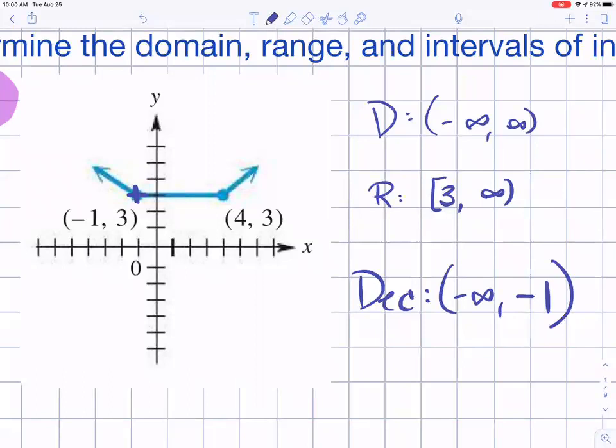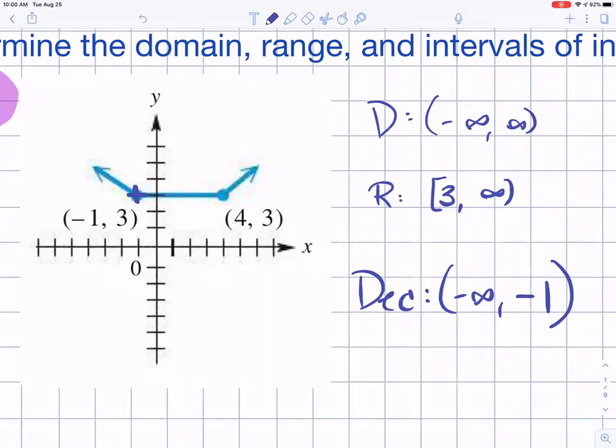Here's the second way to explain it. When you're doing increasing, decreasing, and constant, never use a square bracket. Ever. You're always going to use a round parentheses, a round bracket. Always. Hard and fast rule.